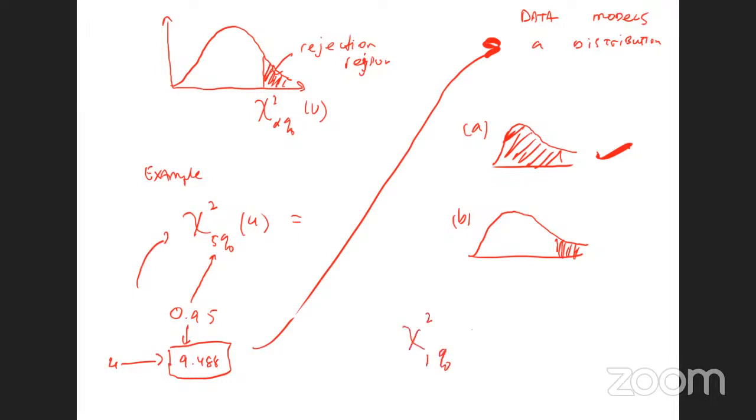As practice, just take one more. Chi-squared, 1%, 2 degrees of freedom. Tell me what you get, please. Think about what you will read. For 5%, you read off 0.95. So what percentage should you read off?